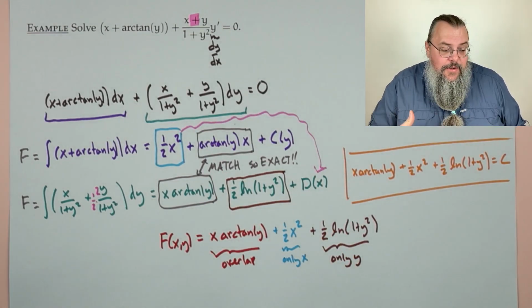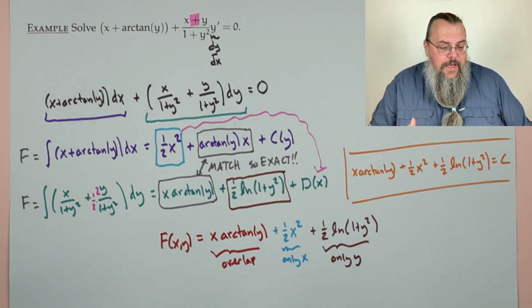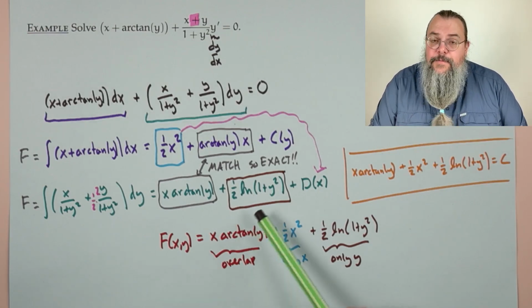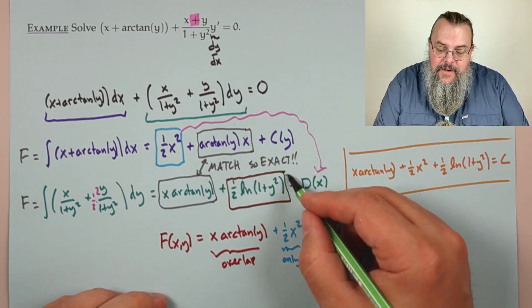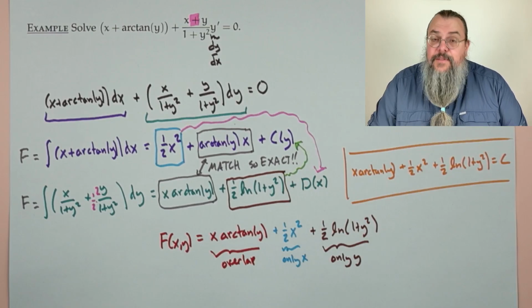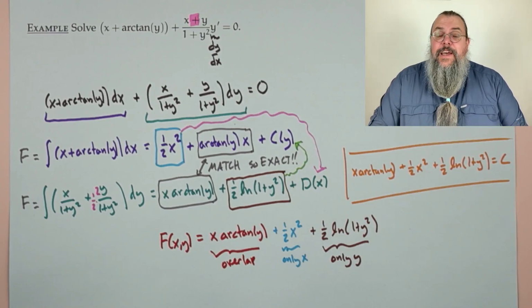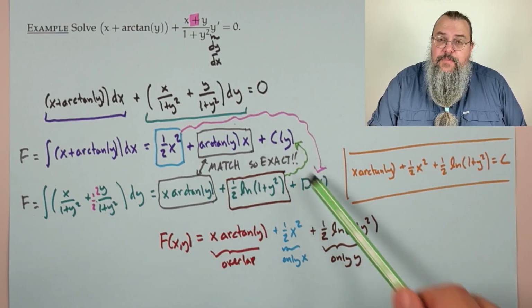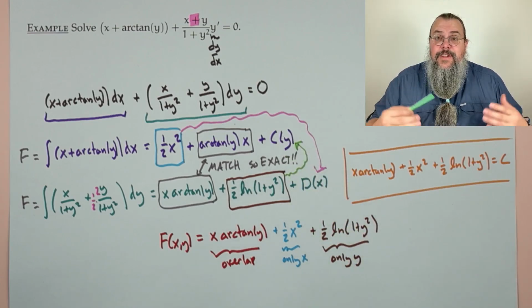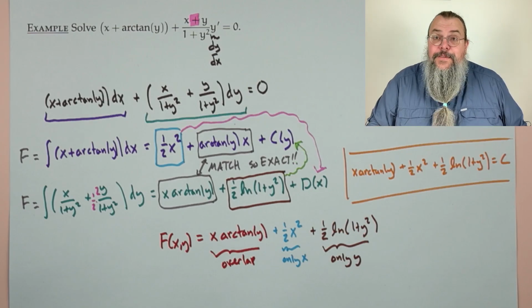And in a similar way, you could say, well, okay, where is this 1/2 log of 1 plus y squared up here? Well, again, it's there. It's in the c of y term. And so that's why you do both integrals, so you can figure out what's the right pieces that go in there. And then you put it all together, and life is good.